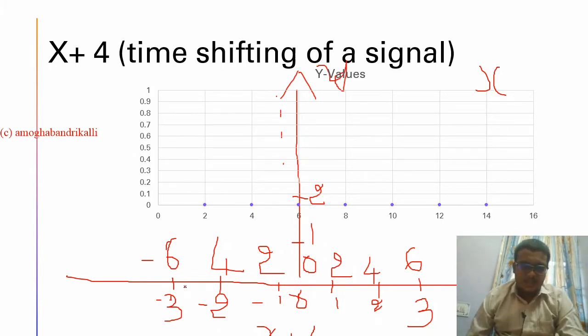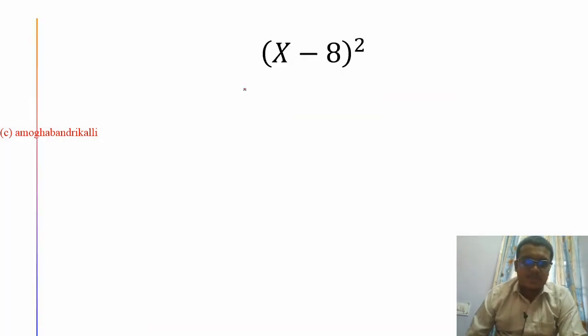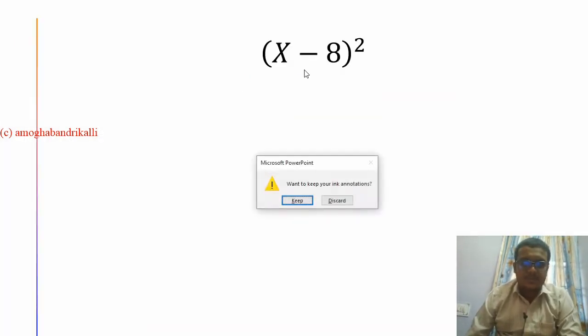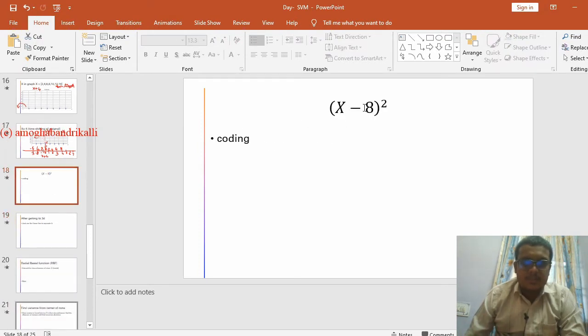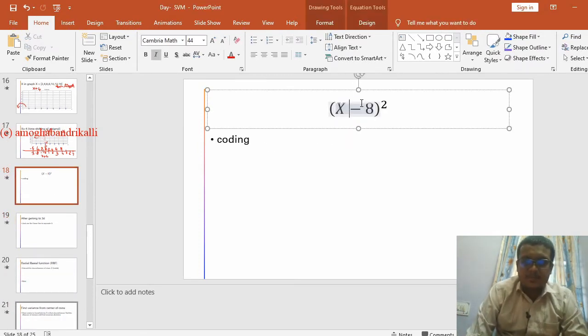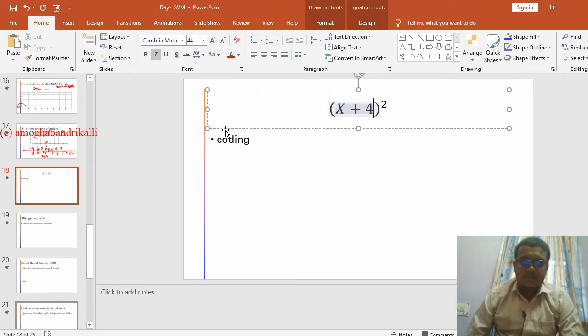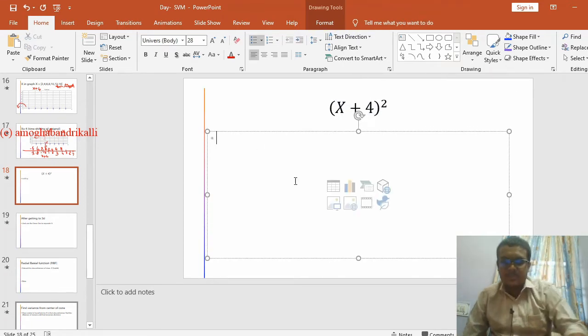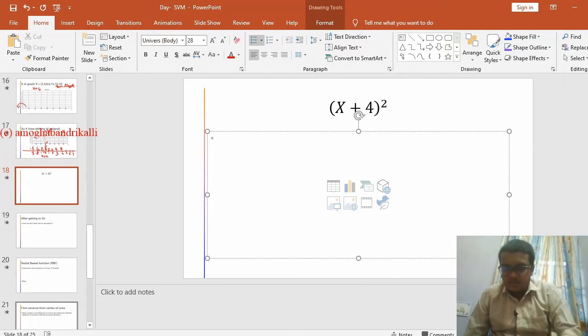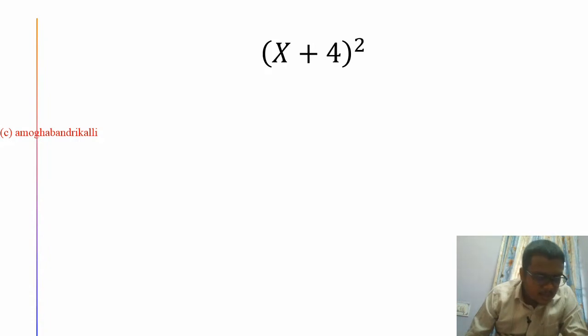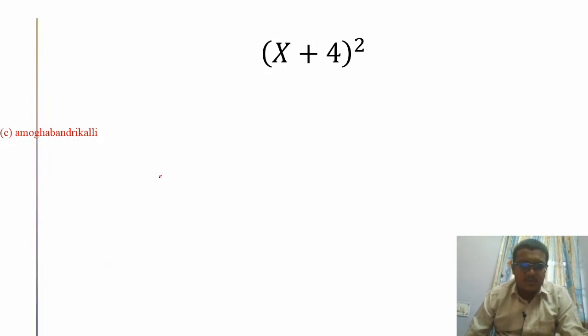So the next step is squaring these values. Now I am going to square the values. So what I have shifted by 4 times, after squaring, what happens is, let me just draw here. So squaring the values.